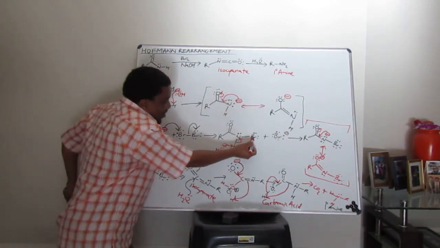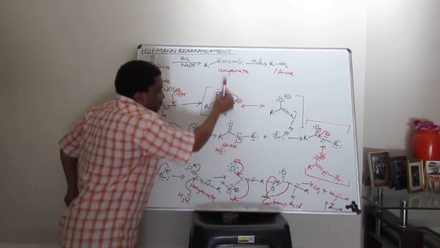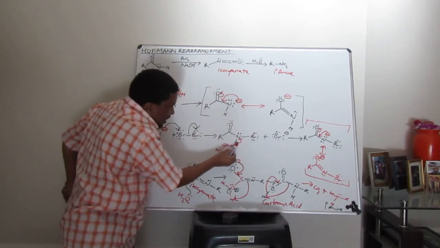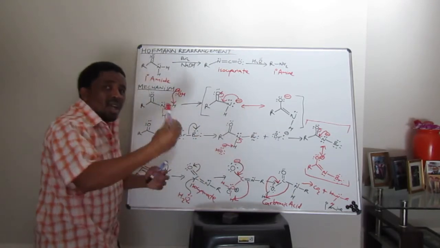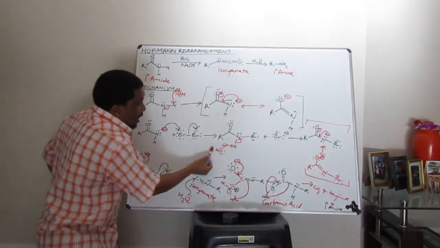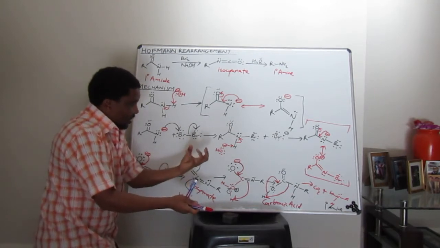So once I have this bromine in here, this side is pulling electrons and bromine is also pulling electrons. So this hydrogen becomes even more loosely held and can also be picked up by what? By a base.